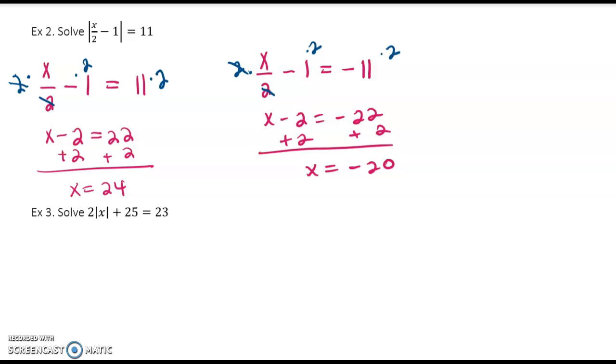Alright, so for the next one, we have 2 absolute value of x plus 25 equals 23. So if you notice in example number 1 and 2, the absolute value was already isolated, but in example number 3, it's not isolated on one side, so first we have to isolate.